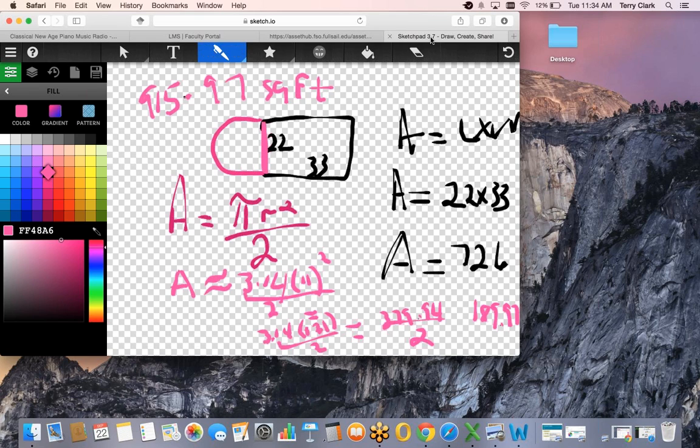And then the semi means half, so we divided that by 2. When we divided that by 2, that gave us 189.97 square feet. And so we took the 189.97 square feet, the 726 square feet, we added it together, and that gave us 915.97 square feet.